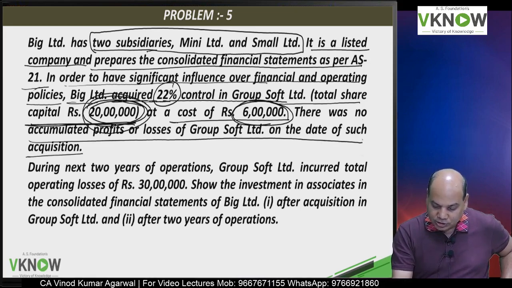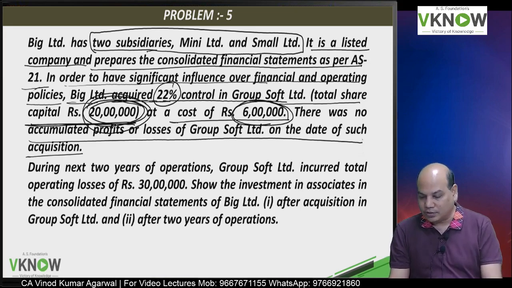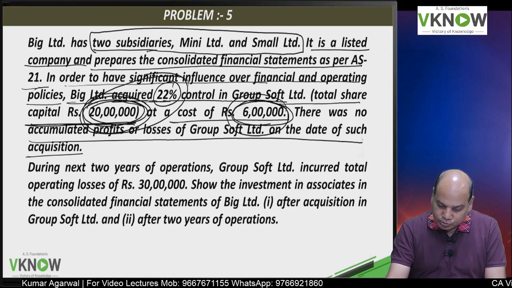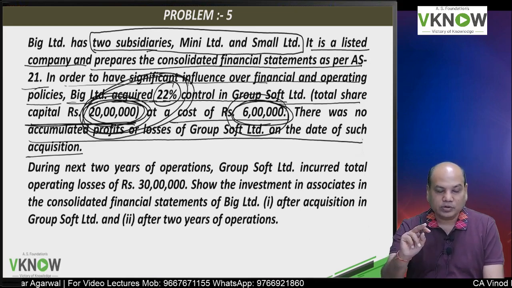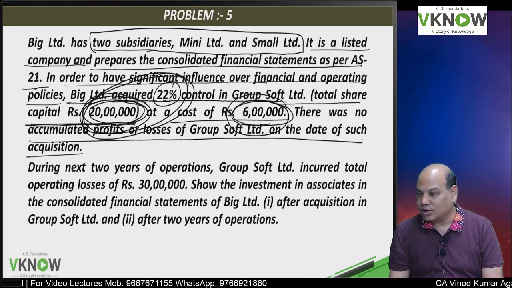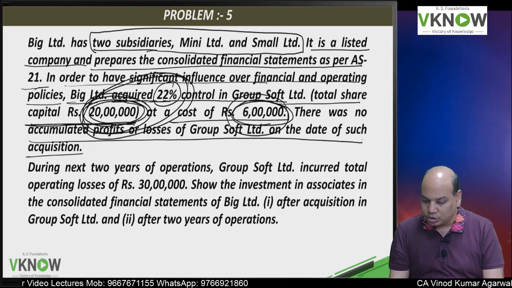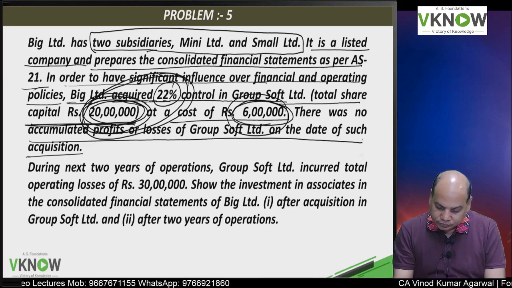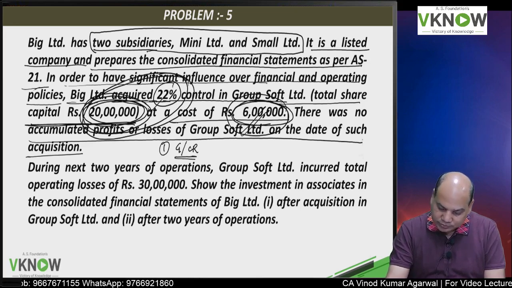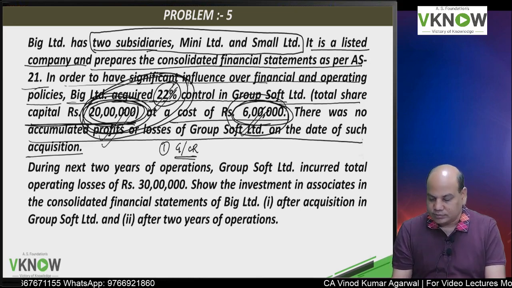So their balance sheet has only share capital, doesn't have reserve. So this 6 lakh and 22% of 20 lakh will be required for calculation of goodwill or capital reserve. So my first task will be to find goodwill or capital reserve based on this information.